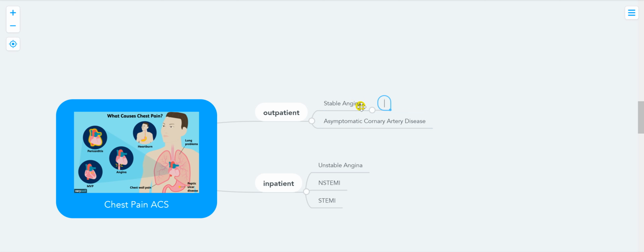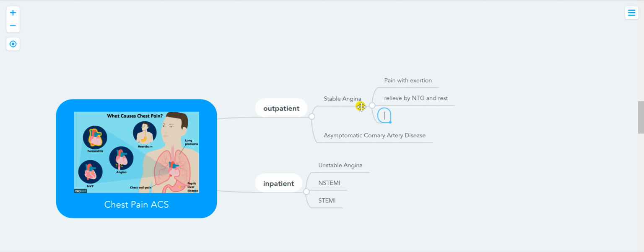While stable angina usually has pain with exertion, relieved by nitroglycerin and rest. Is there any troponin in stable angina? No troponin, and no ST changes.